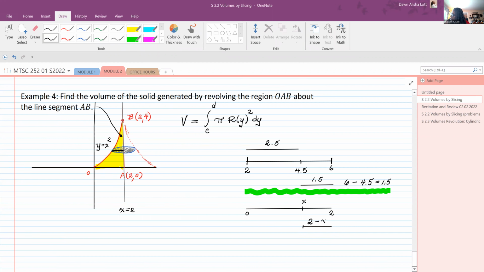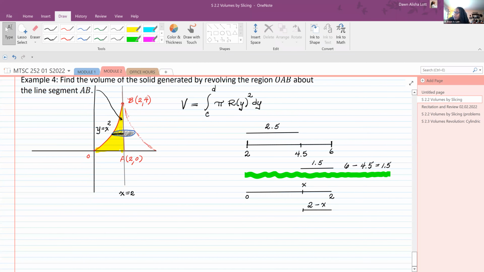How did you get that? You took the whole length 2, right? And you subtracted off x. Okay, so let's go back over to our picture. As we can see, this whole piece from here to here is 2.